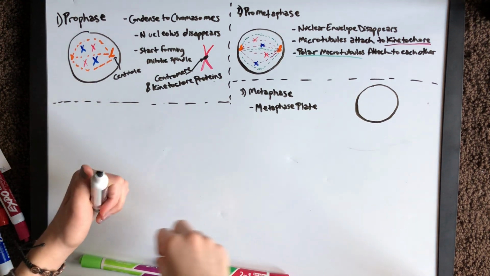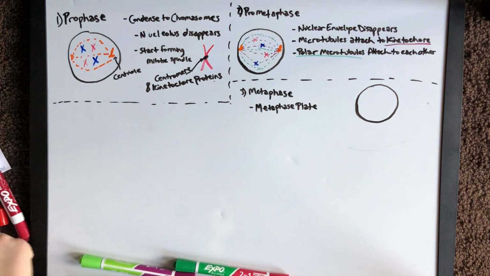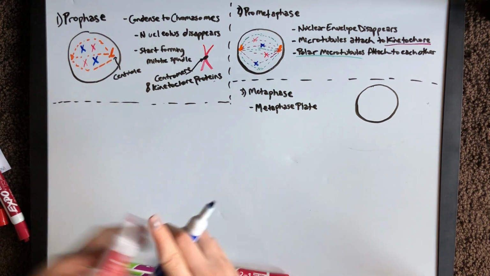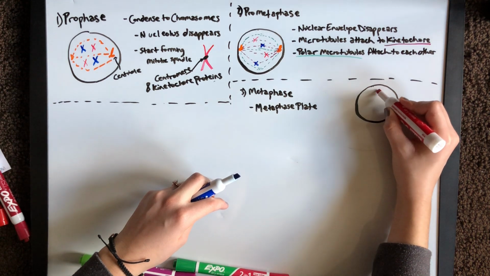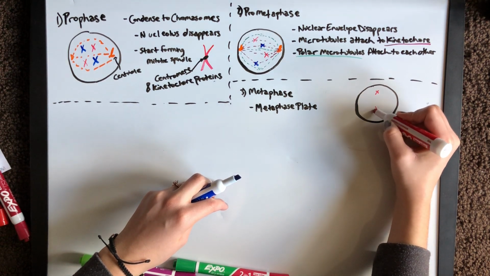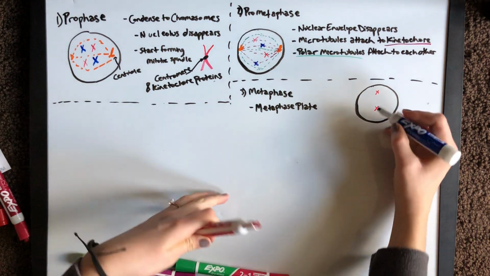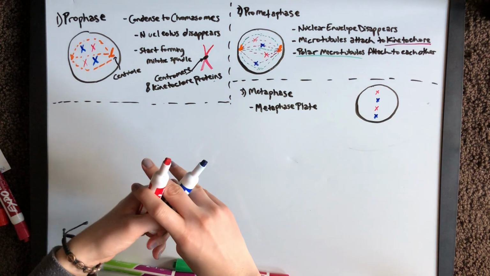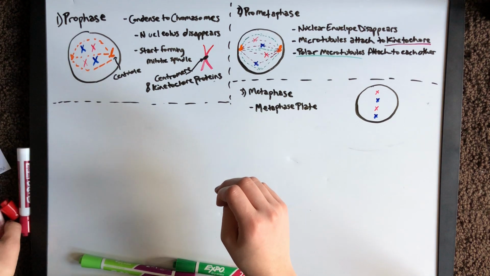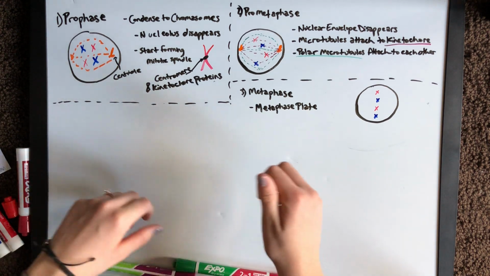That's pretty much all you need to know for this phase. So we're going to redraw our chromosomes, and they're going to be centered. The metaphase plate isn't an actual line that you would see if you looked in a microscope. It's just an imaginary line that the chromosomes line up on.